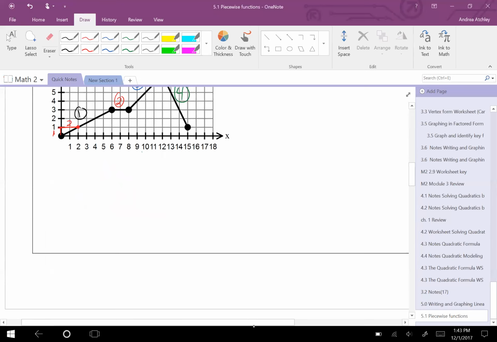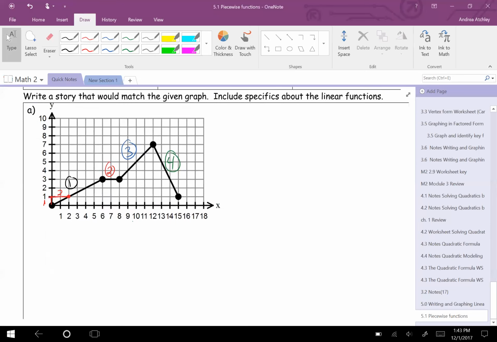Okay, the next piece is right here. We want to find the slope. So we're going to rise and run. Rise and run. So it's 1 over 1 and everything's positive. So my slope is 1.